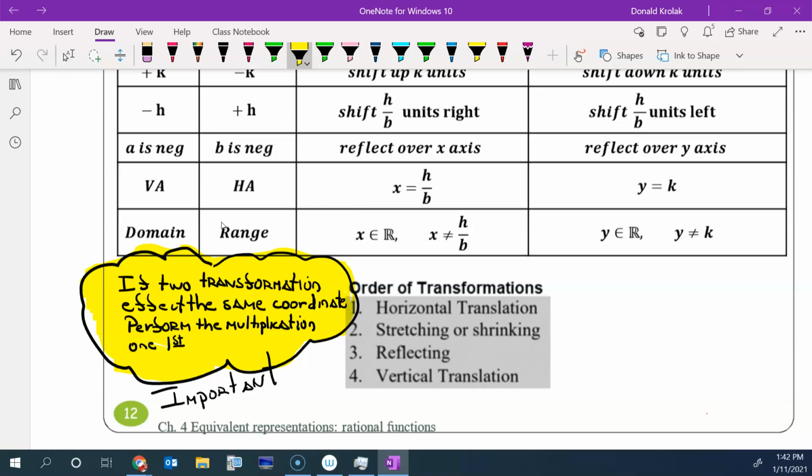If they don't work on the same coordinate, like one doing something to an X and the other one doing the Y, then the order doesn't matter. You can do it either way.